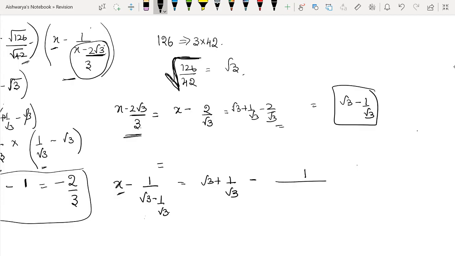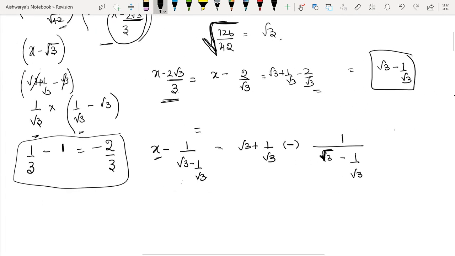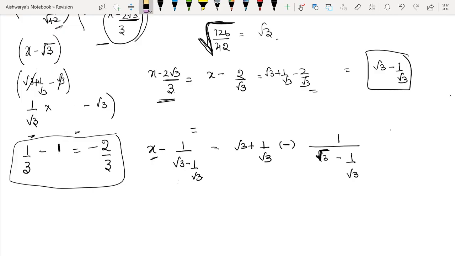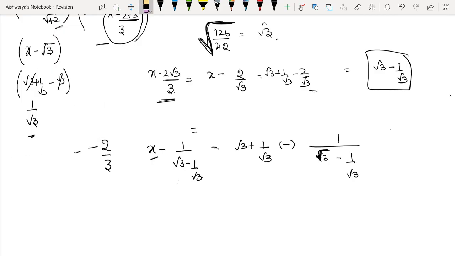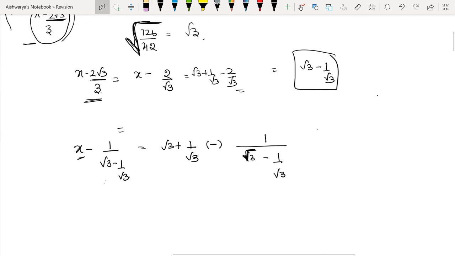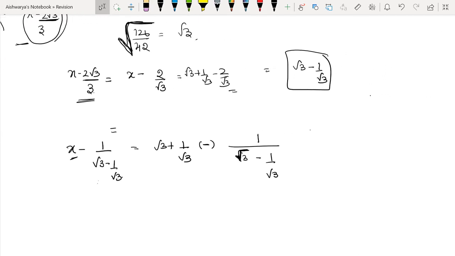We have here 1 divided by 3 plus 1 upon root 3 minus this term will become 3 minus 1, which is 2, 2 by root 3, so root 3 will be the numerator.